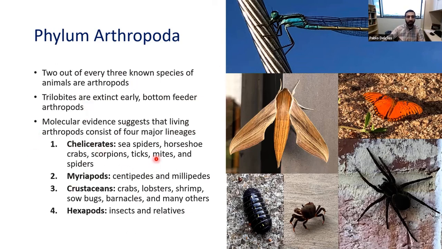They fall under chelicerates, and that one might be obvious, spiders, but maybe less obvious is the fact that ticks and mites are not insects either. They are chelicerates. You also have your centipedes and millipedes within this group, all your crustaceans, so the rest of the yummy seafoods that aren't fish or mollusks, so crabs, lobsters, shrimp, etc. And then the hexapods themselves, which are the insects.